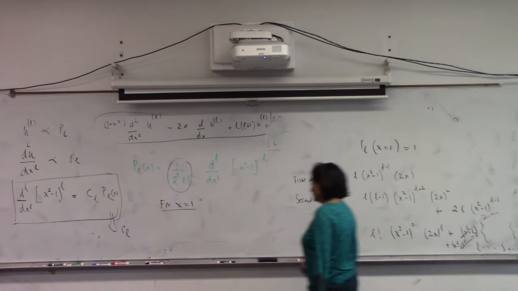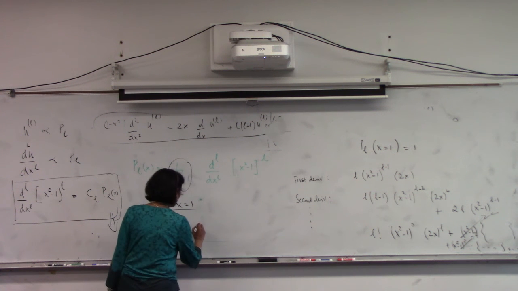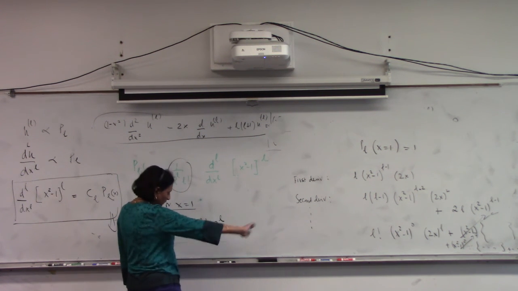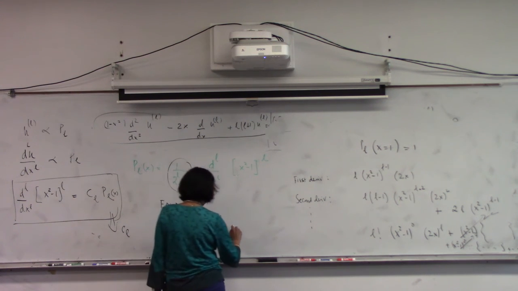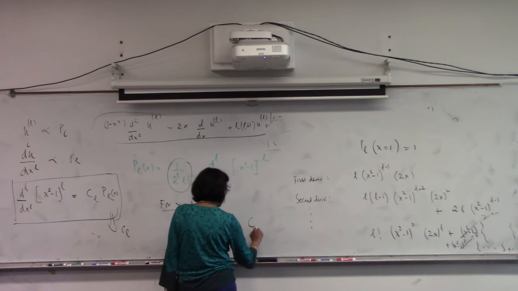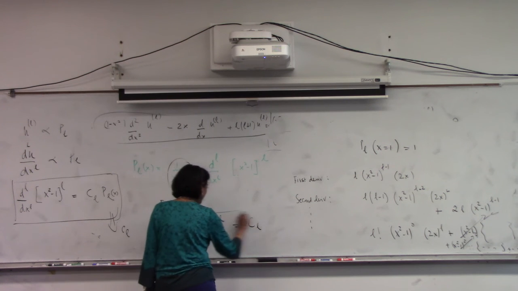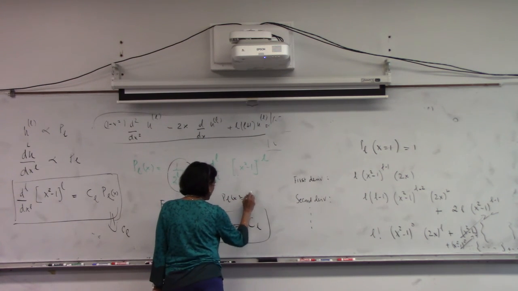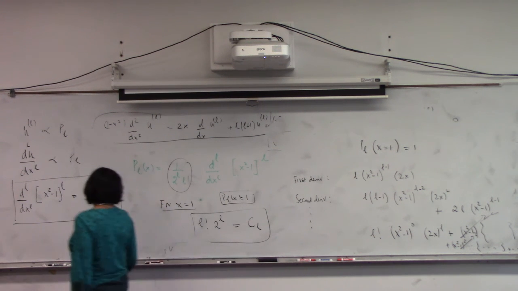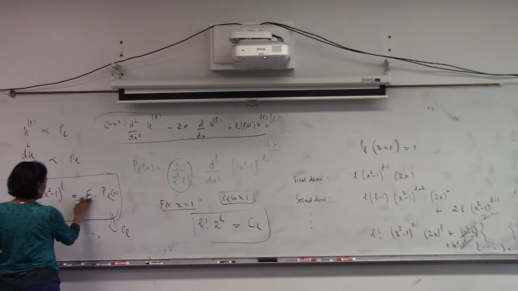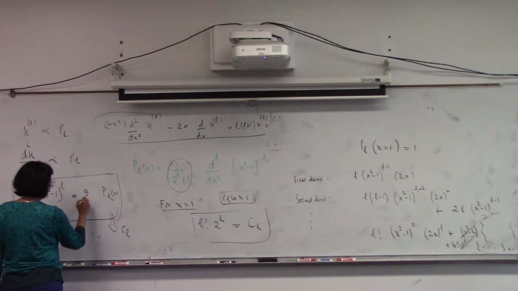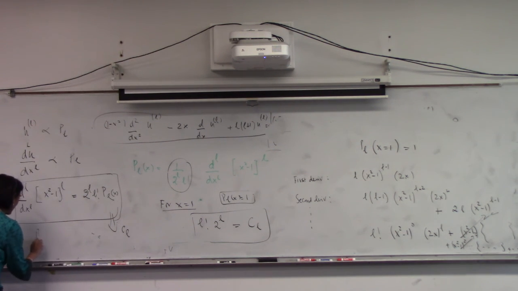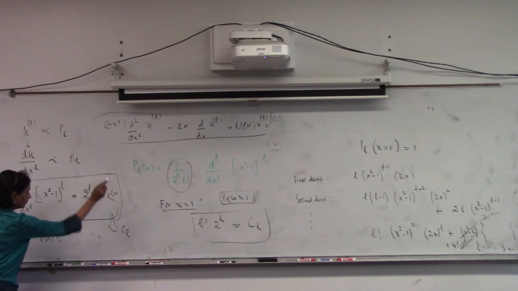So my left-hand side becomes L factorial 2 to the power L, and all other terms will drop off, and is equal to Cl, because P of L at 1 is equal to 1. So this one is nothing but 2 to the power L factorial, so P sub L of x is nothing but what we have written down.